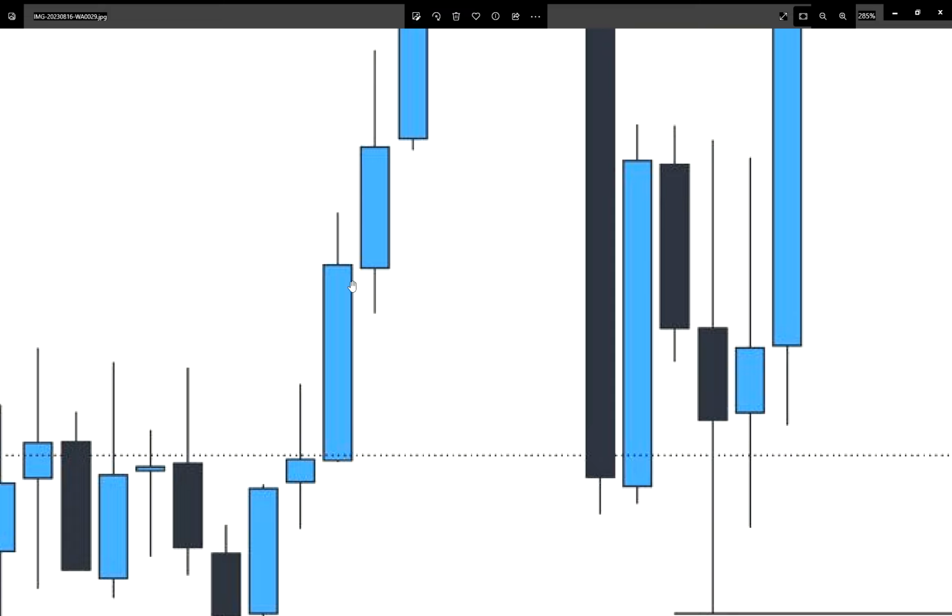So let's just say this is the open price, because that's how a candlestick works. It opens here. If the price closes higher, then it's a green candle. In this case, he changed the color to blue. I think it's blue and maybe navy blue.